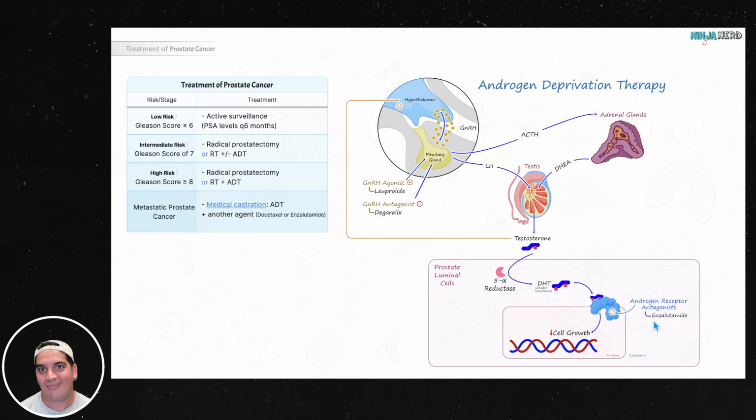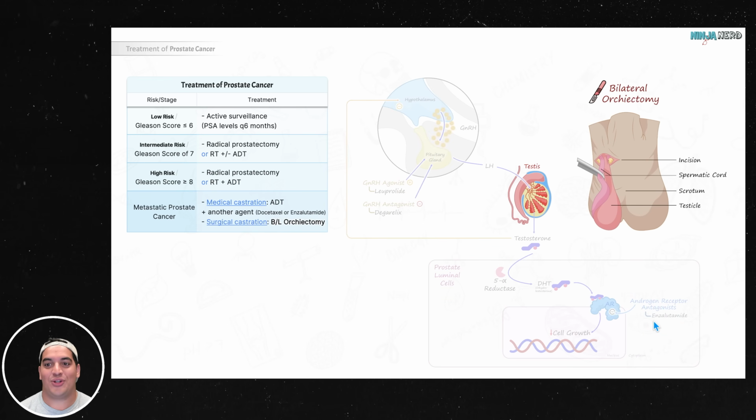Now, there are options. We can consider a surgical castration, a bilateral orchiectomy. And this is literally what it sounds like. So the hopeful goal here is to minimize testosterone chemically. But if you can't, then you've got to surgically remove the source of testosterone, which is the testicles, right? And so you would literally cut and remove the testicles bilaterally.